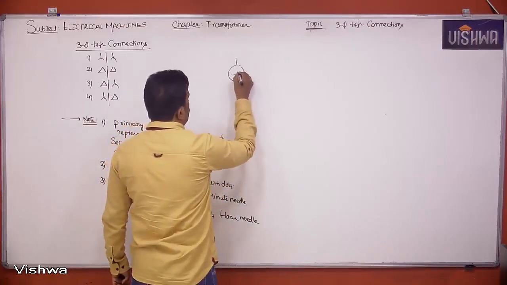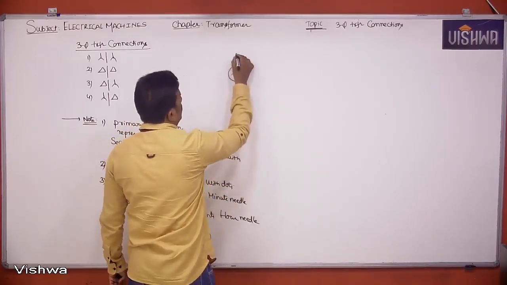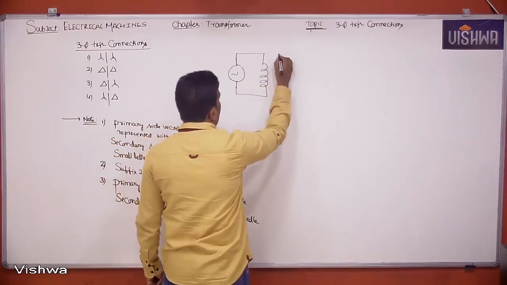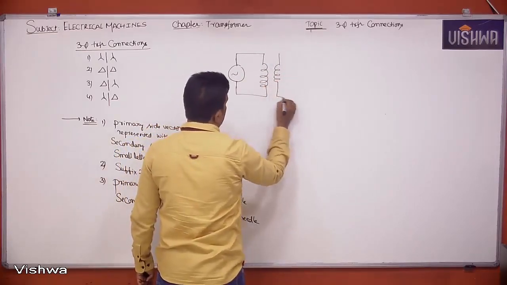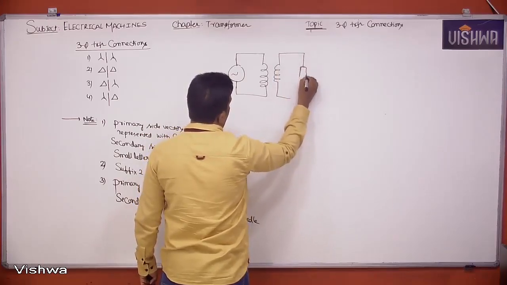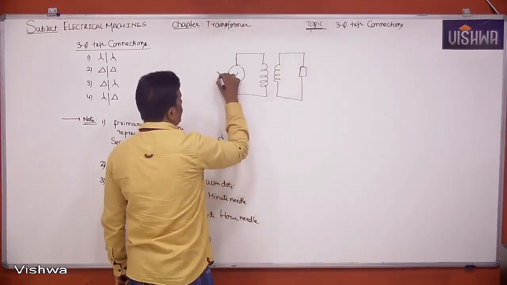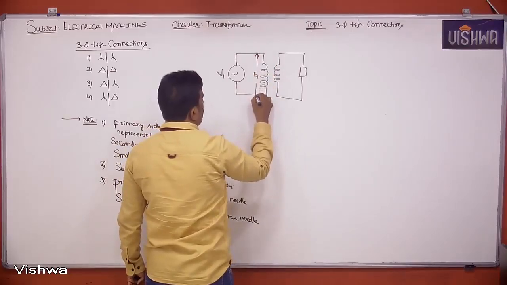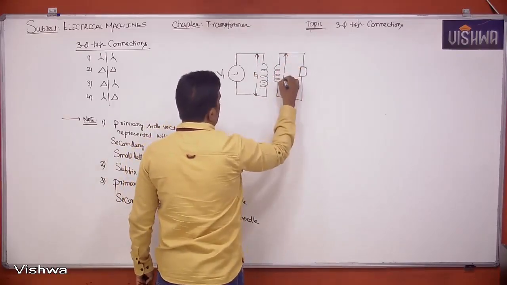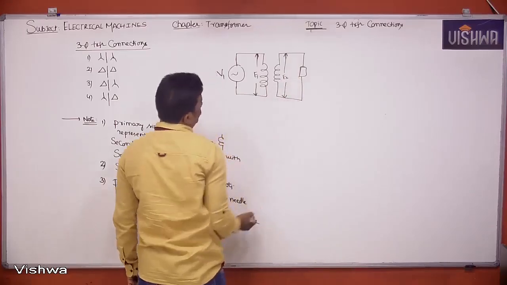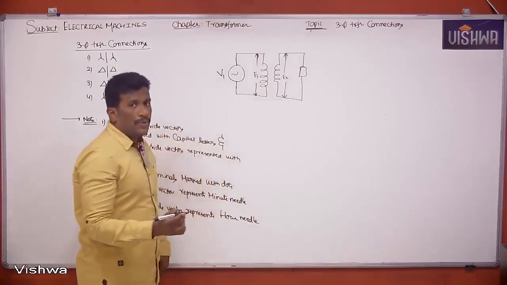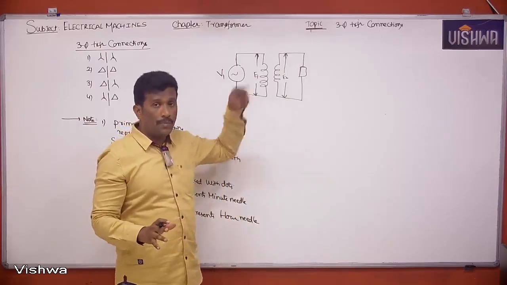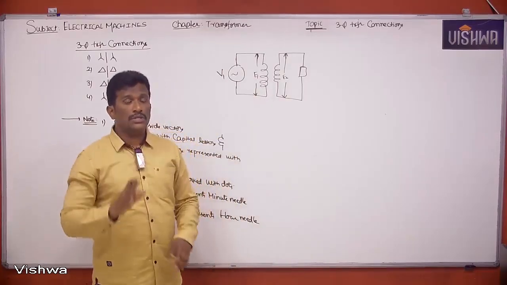Suppose it is the transformer primary winding, this one, connected to the source, and here is the secondary winding, and the load is here. Please tell me, if I take supply voltage V1, and E1 is the induced EMF on the primary side, E2 is the induced EMF on the secondary side, please try to refer to the vector diagram topic.